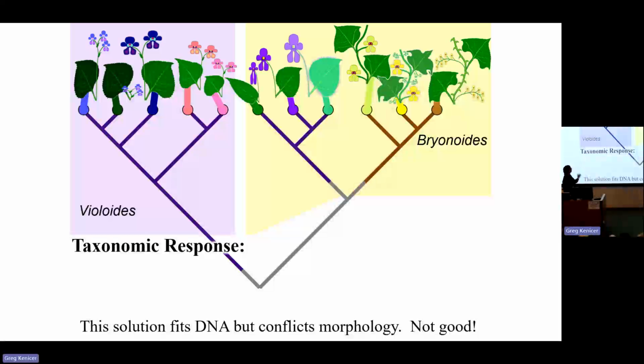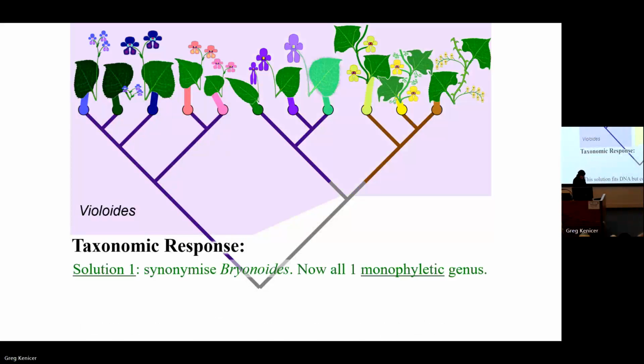What do you do about it? What's the taxonomic response? Well, firstly, you don't want to do this, okay? You don't want to do this because it just makes it impossible to separate these 2 genera in any meaningful way. So you don't just blindly follow the molecular data, you've got to use a bit of intelligence.